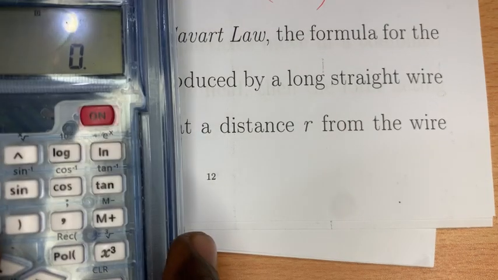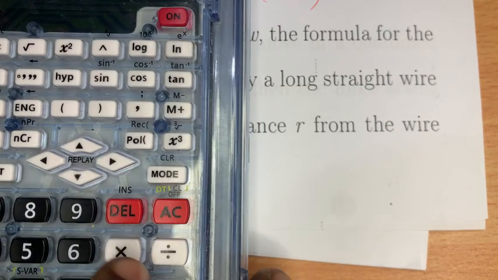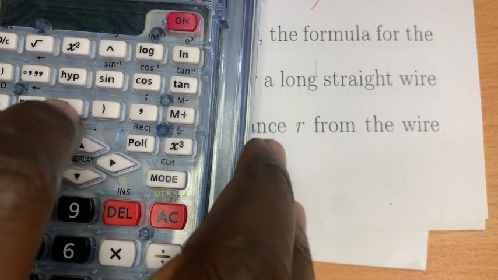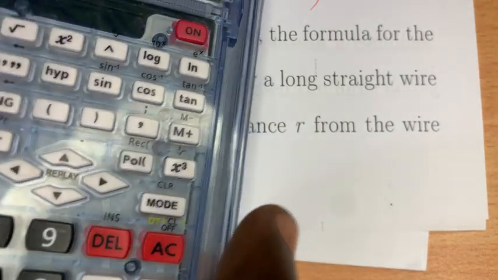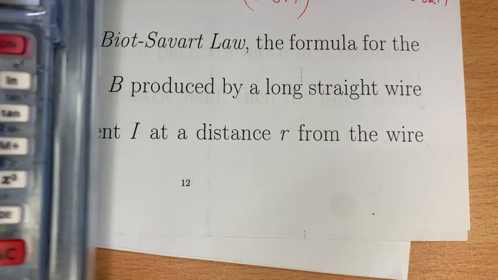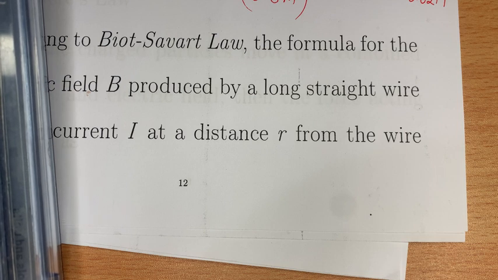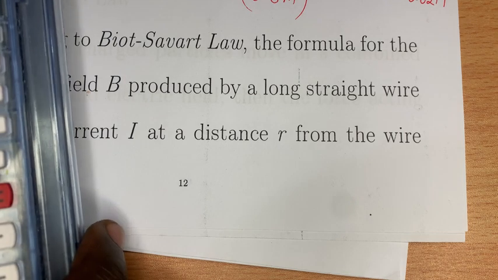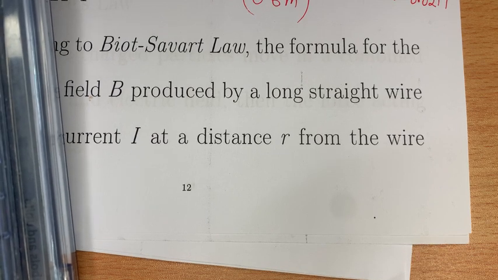You open bracket and say 4 shift pi, times 10 raised to the power of -7 close bracket, then times open bracket 2000 close bracket, then open bracket again 5.0 close bracket, then press the division line and divide by 0.6.